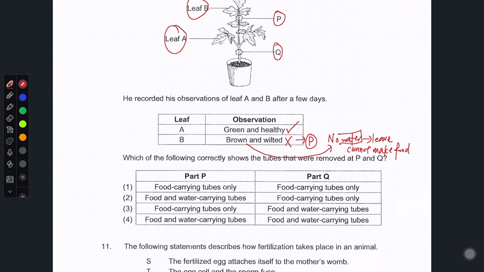That means the water carrying tube has been removed. If the water carrying tube is removed, the food carrying tube must also be removed, because the water tube is found on the inside. It's very difficult to remove the inner tube without having the outer tube removed. Therefore A, which corresponds to Q, remains healthy, so it must have water. The water carrying tube must still be intact. So this is number 2.